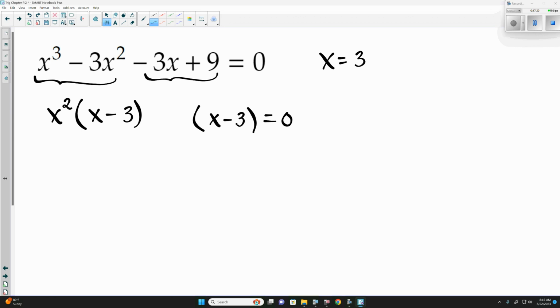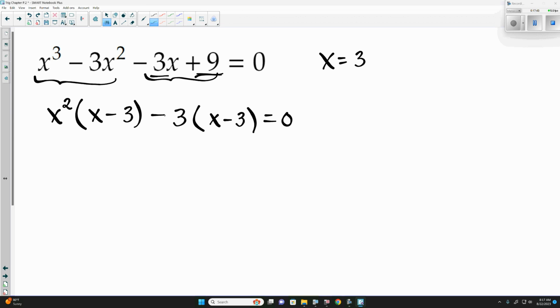So what does negative 3x and 9 have in common? 3. So we can factor the 3 out. But I need this positive 9 to go to negative 3. So taking the 3 out does decrease it from 9 to 3, but I also have to take out a negative.